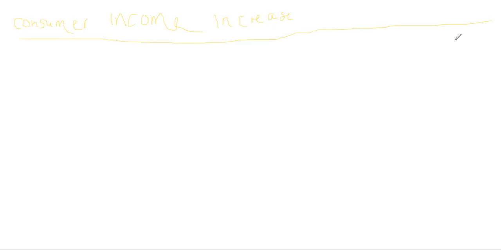So what we are going to do, we will look at two cases. So let's say that the good is what? Normal good. And the other one is inferior. So we have a normal good here.